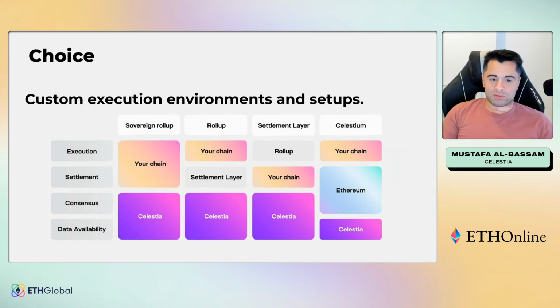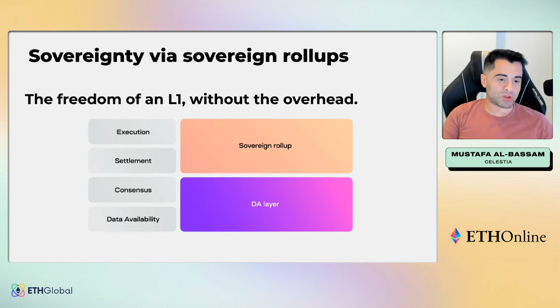And there are also different types of rollups that you can play around with, like sovereign rollups or normal rollups, or Celestiums, which are rollups that use Celestia for data availability, or Ethereum L2s, I should say. And so users now have a lot more choice in choosing what kind of components they want to use in their applications.